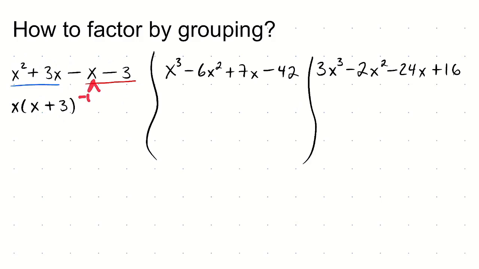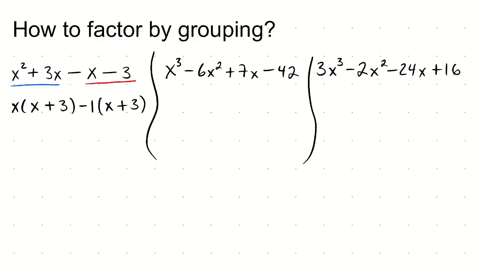There's actually a negative 1 that they have in common. Negative 1 times x is negative x, and then negative 1 times 3 is negative 3. So they both have a negative 1 in common. So I'm going to factor that negative 1 out. So I have a negative 1. I'm going to put it outside, and what we get left inside is a positive x and a positive 3.